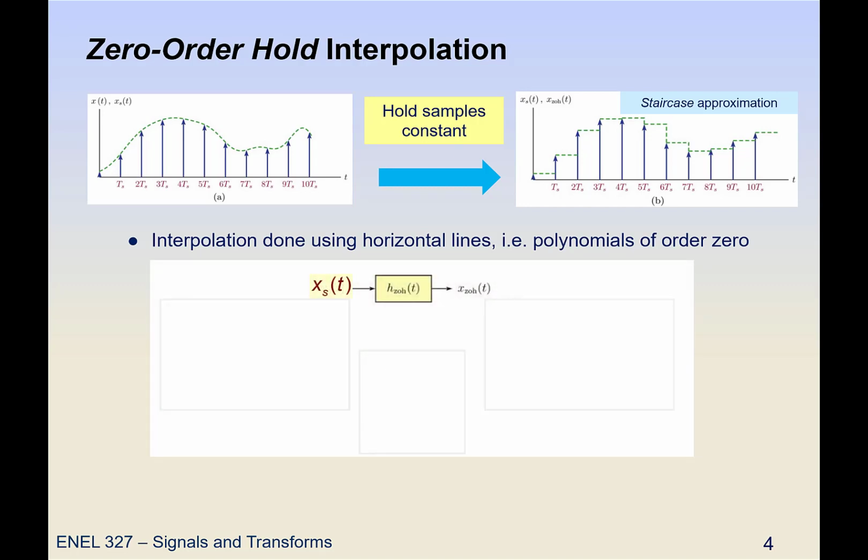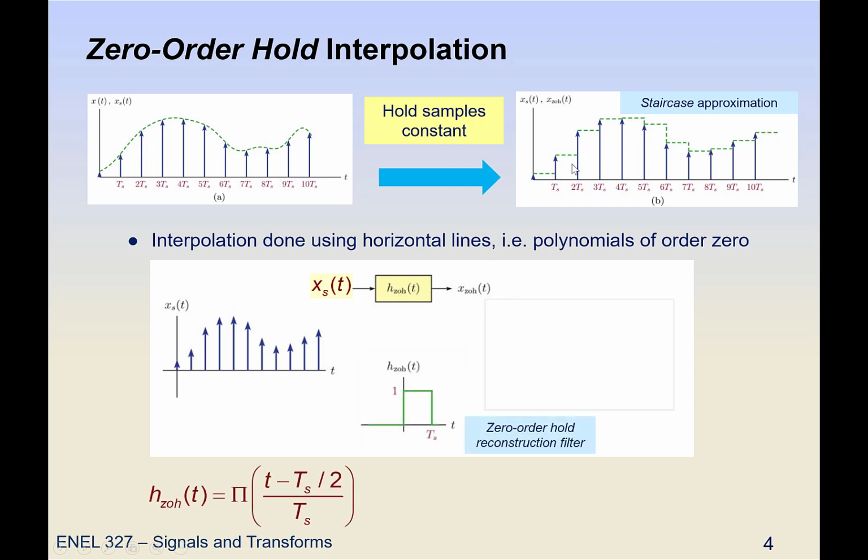Now, thinking about the actual system we can use to do this, we start with our sampled signal, those impulses, and pass it through a filter. Each impulse at the input of the filter should create a box pulse at the output.